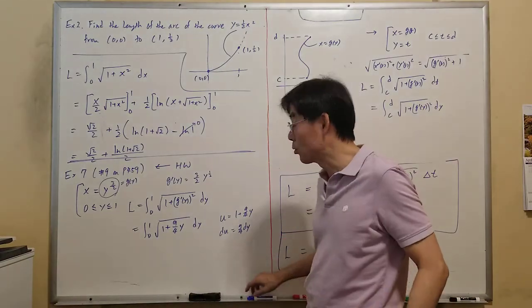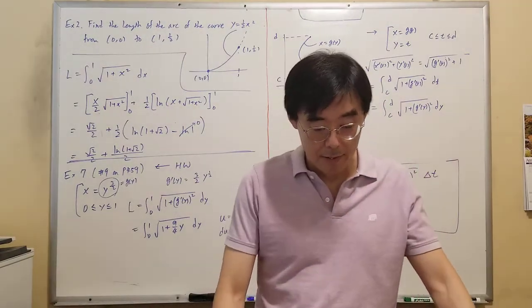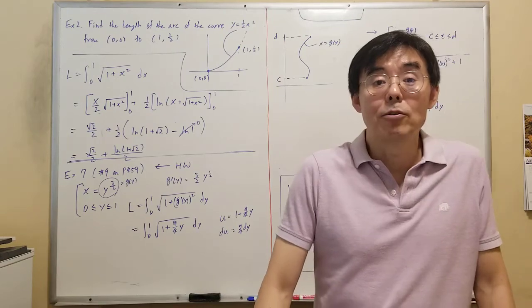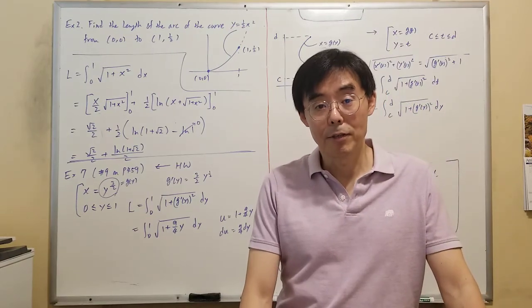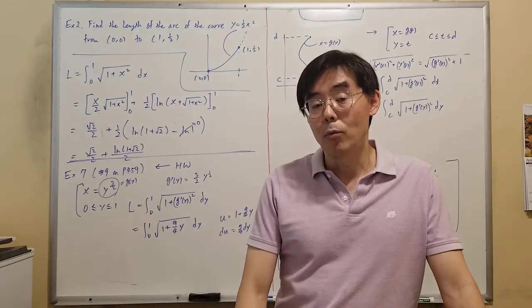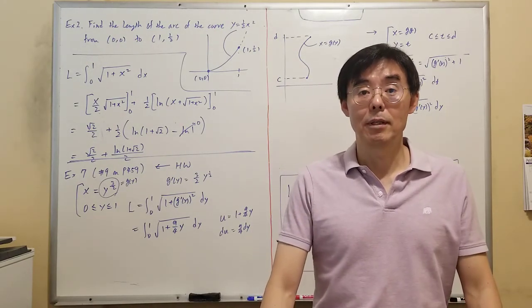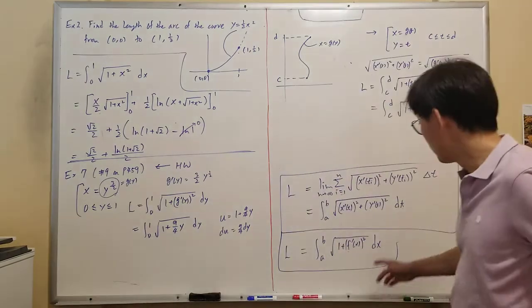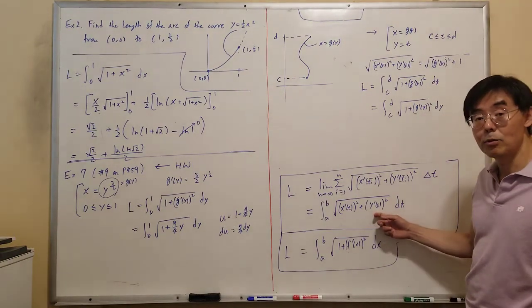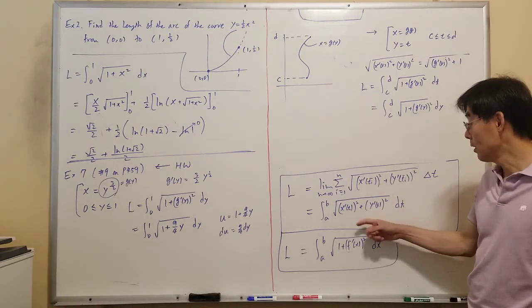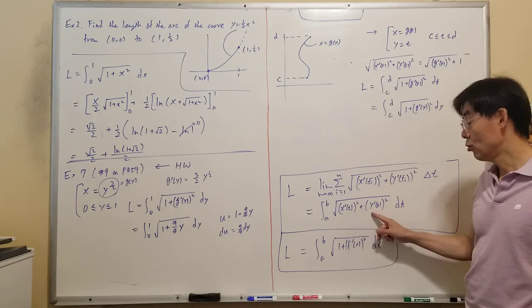So this was a rather short section. We learned how to get the arc length of a curve, first when the curve is represented by a parametric equation. And this is the result: when you have x equals f of t, y equals g of t, the integral of the square root of f prime of t squared plus g prime of t squared.